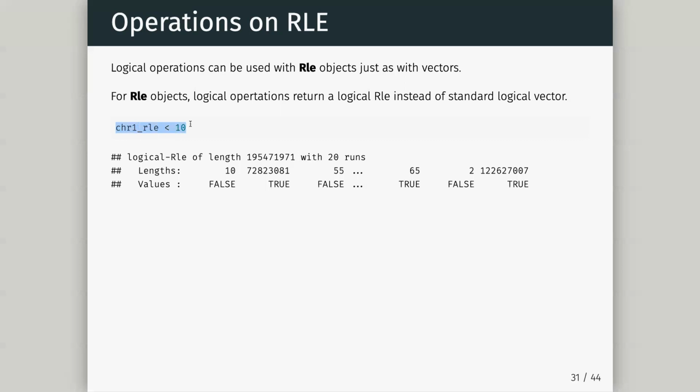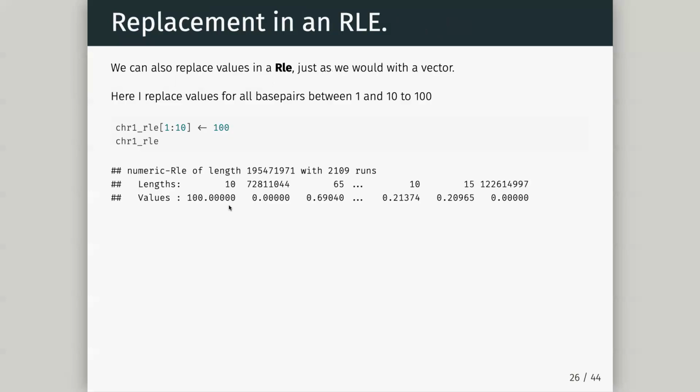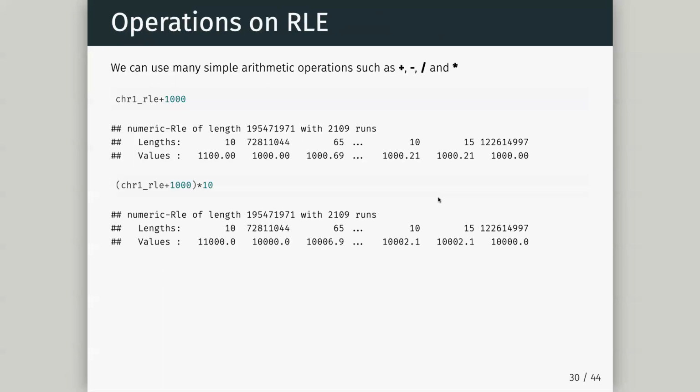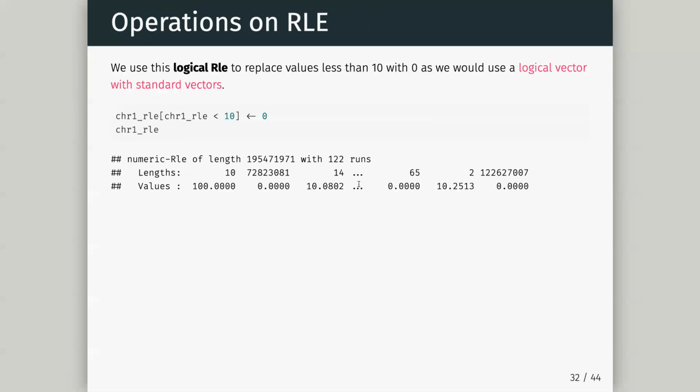I can just say curl whatever underscore RLE less than 10, and now you can see it's turned the places where I actually had scores into now trues or falses. Right? So I've gone from a numeric RLE into a logical one. Okay. But under the hood, it still just acts like a standard logical vector.